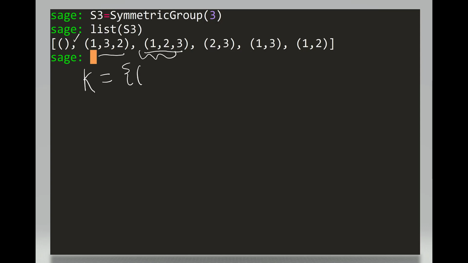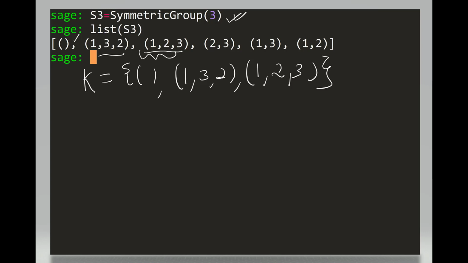Let's call it K, as the identity, (1 3 2), and (1 2 3). Now notice this, here we don't have to go ahead and check whether a left coset is equal to a right coset or not. All that we can do is see this here. S3 has how many elements? Factorial 3, that is 6 elements. Here we got 3 elements, right?